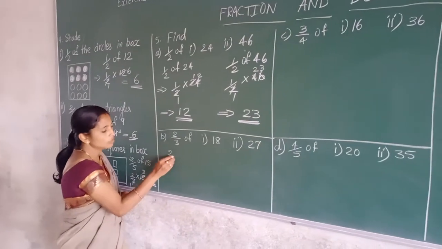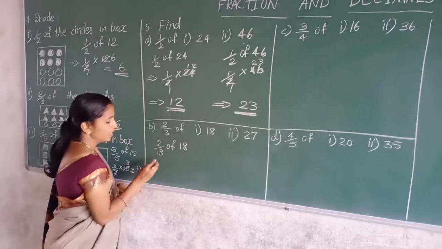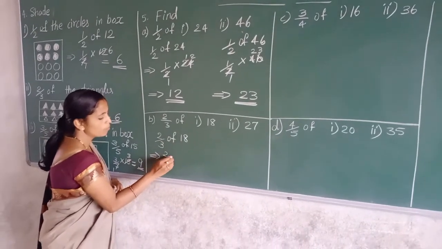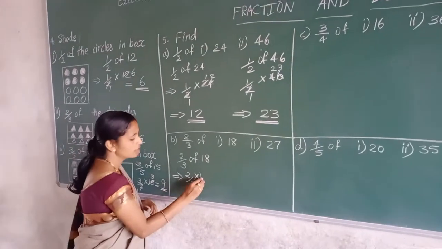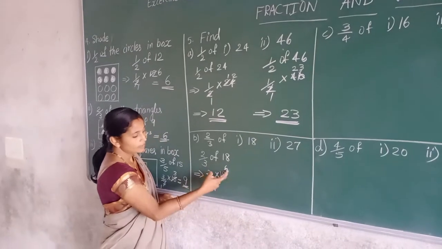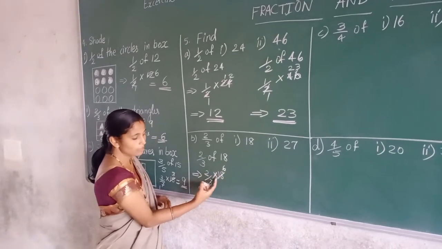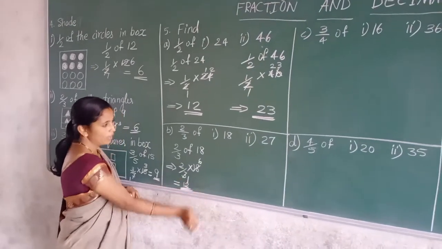2 upon 3 of 18. The first one is 18. The same way, 2 upon 3, instead of of we have to use multiplication, 18. 3 ones are 3, 3 sixes are 18, then you have to multiply, because here multiplication is there, 6 twos are 12. The answer is 12.